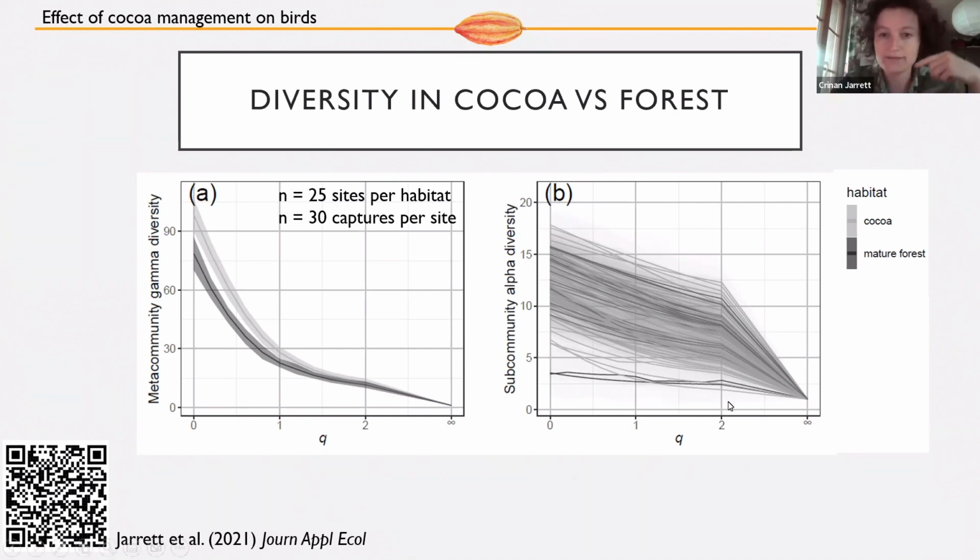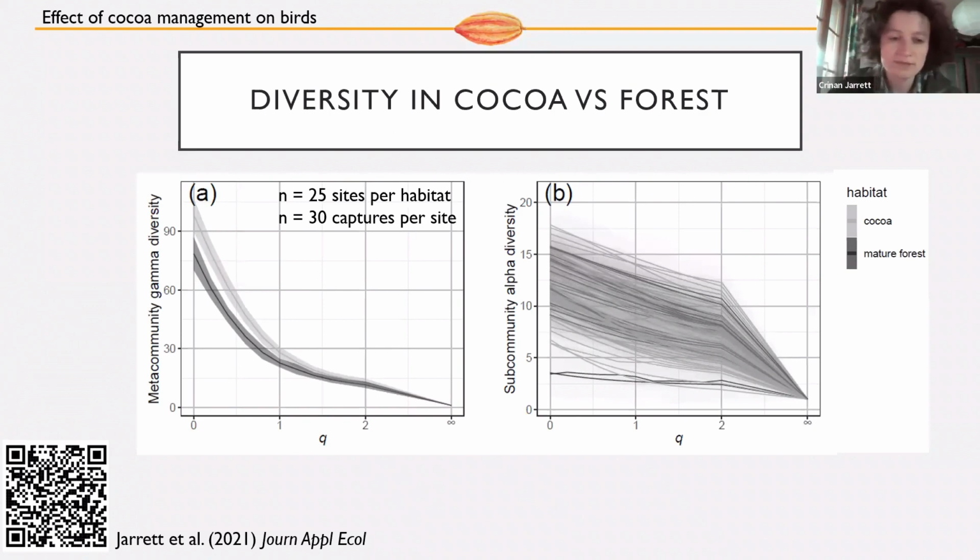Then on the right-hand plot, we have alpha diversity, so that is the diversity per plot. Here you can see that there's no difference really between cocoa and forest plots. At the plot level, we have equal diversity in cocoa and forest. Initially, this was kind of confusing because we thought, how is it possible that when we look at individual plots, the diversity is the same, but when we look at the whole community, the diversity is higher in cocoa?